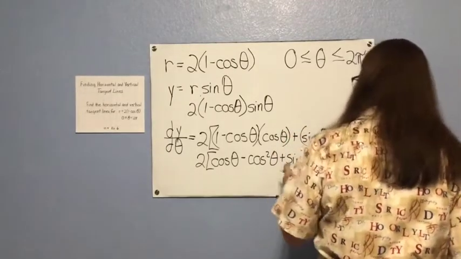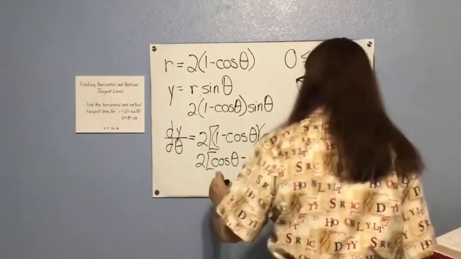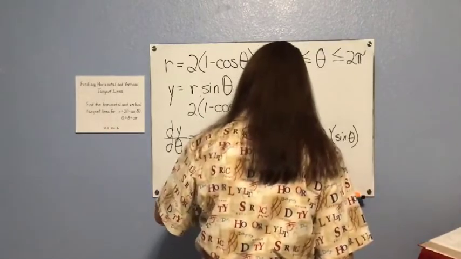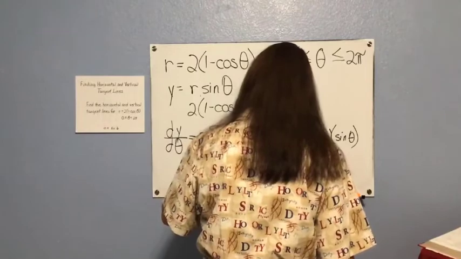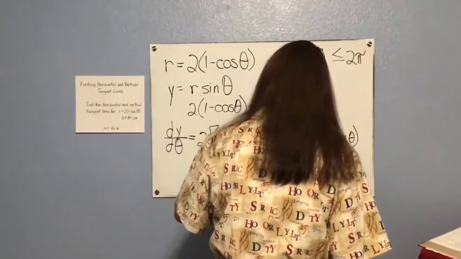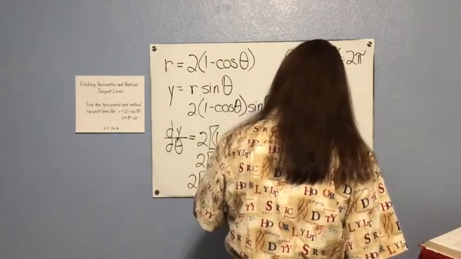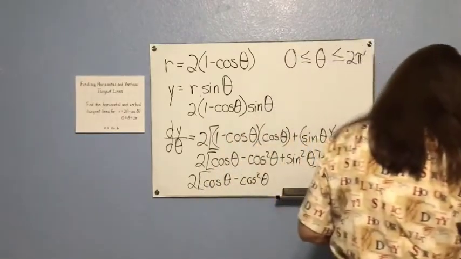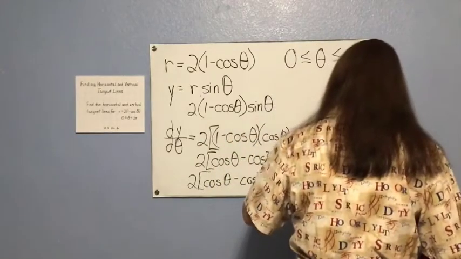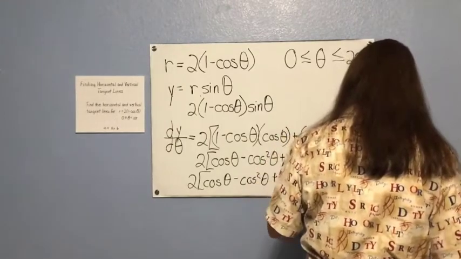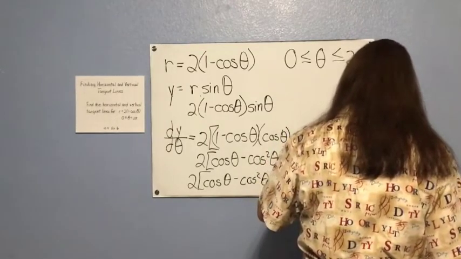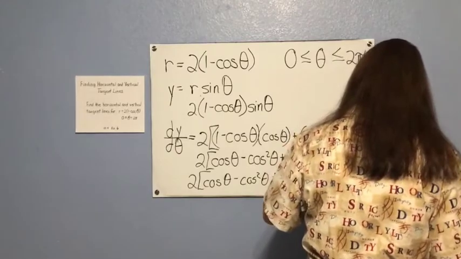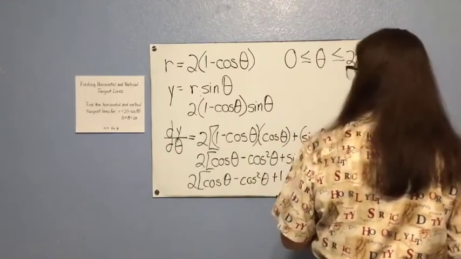And now we're going to change sine squared theta into cosine, so we'll have 2 times cosine theta minus cosine squared theta plus 1 minus cosine squared theta.